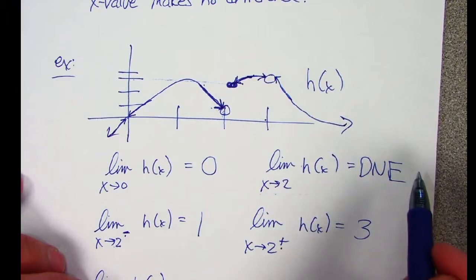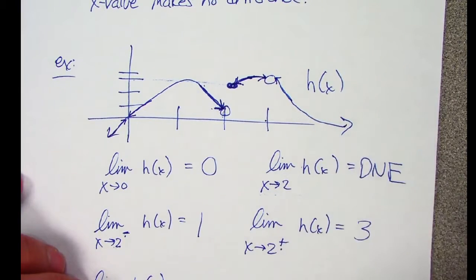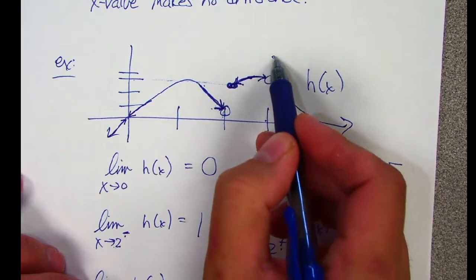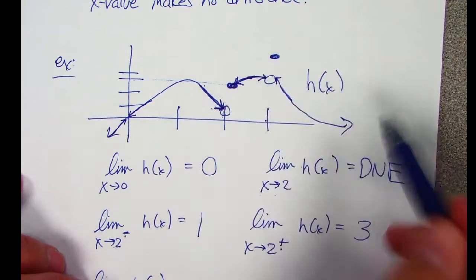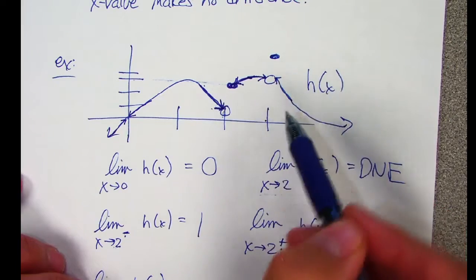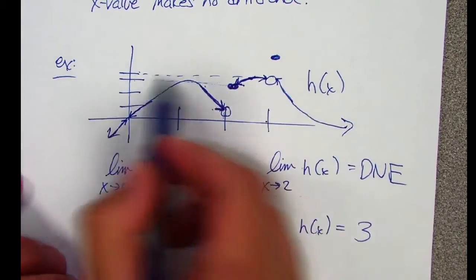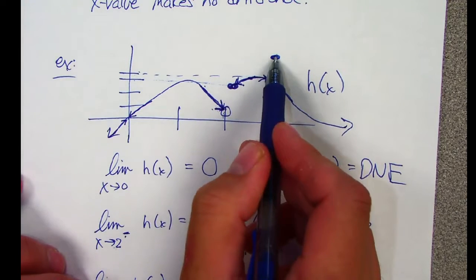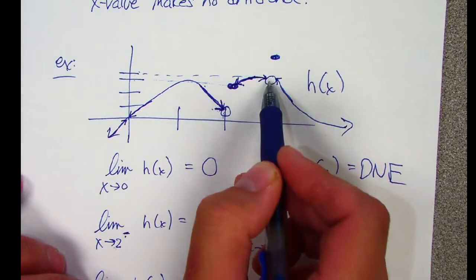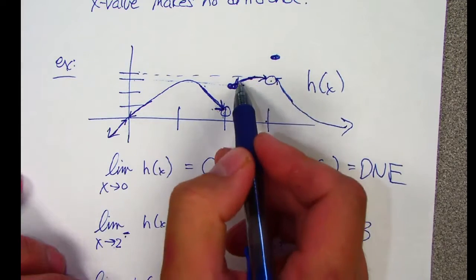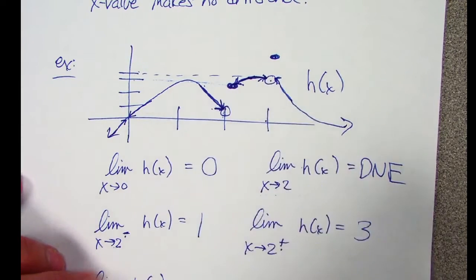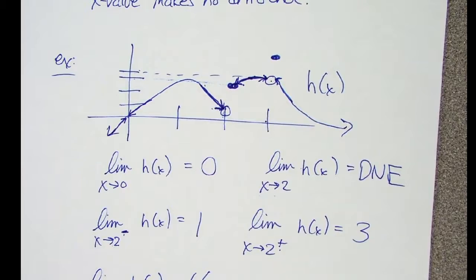There's not a y value there, but that doesn't make a difference. It wouldn't matter if I put a closed dot up there. What it looks like the roads are heading toward is a y value of, I guess, 4, based on how I drew this graph. I don't care if this point is there. I don't care if it doesn't exist. The roads are headed towards a y value of 4, so that limit would be 4.